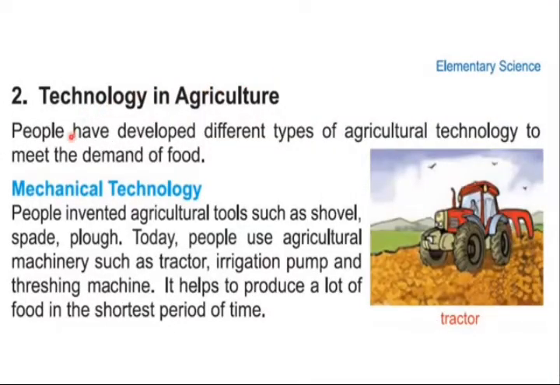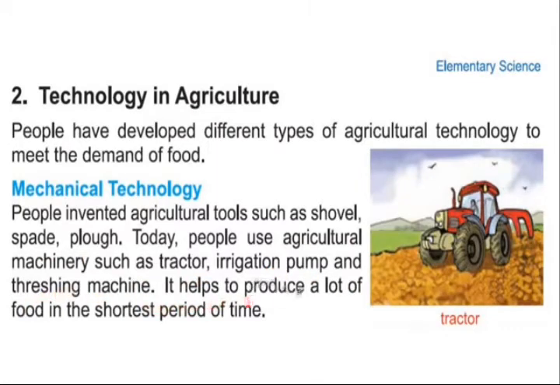Technology in agriculture. People have developed different types of agricultural technology to meet the demand of food. Mechanical technology. People invented agricultural tools such as shovel, spade, plow. Today, people use agricultural machinery such as tractor, irrigation pump, and threshing machine.